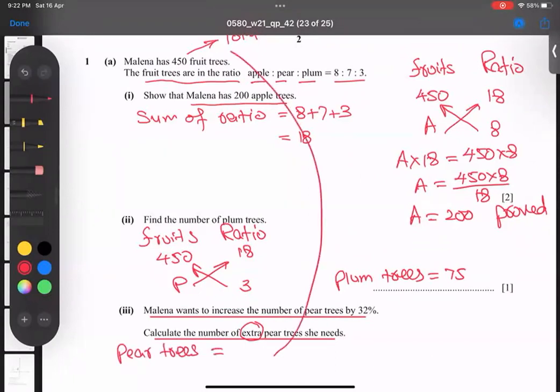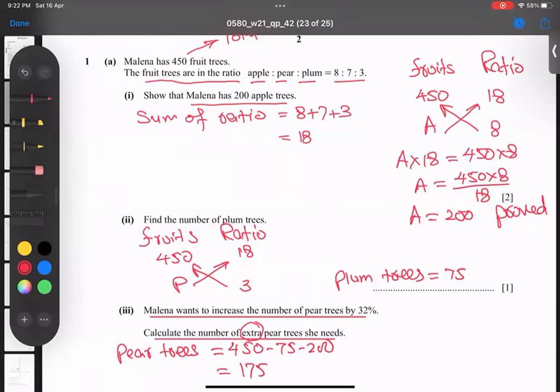From 450, subtract 200 and subtract 75. In this way, we can get it easily. So 450, subtract 75, subtract 200, and 450 subtract 275, and I'm getting here 175. So 175 is the pear trees.